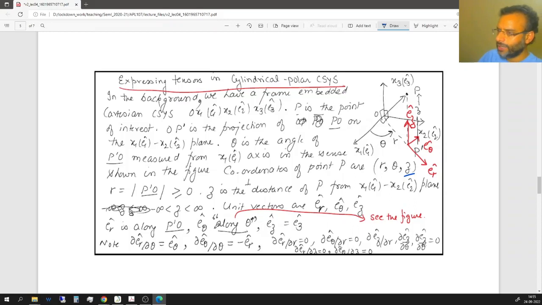So the unit vectors of a cylindrical polar coordinate system are ER, E theta, and EZ. How are they defined?